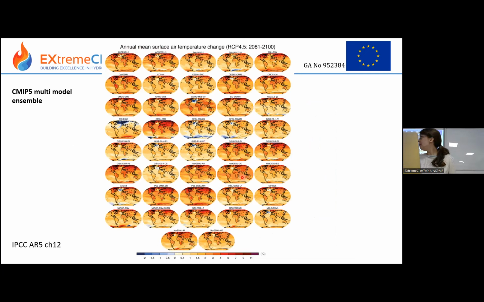So you see that they agree on the general patterns, like you have warming, it's particularly big over the land and over the Arctic, but you also have some differences between the models, and in this case it's mostly coming from model differences rather than internal variability, because you can compare different versions of the same model, like this one, for example, ACCESS 1.0 and 1.3, they look very similar, or these two BCC, CCSM models look very similar.